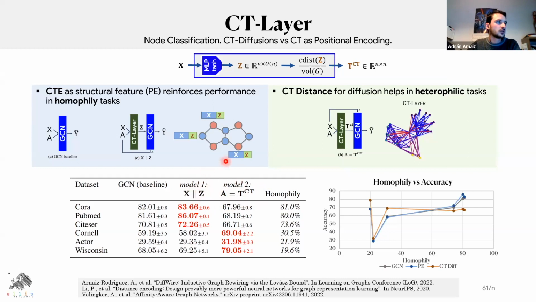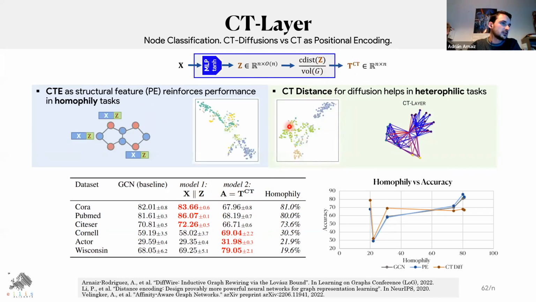We can see that the commute times embedding as positional encoding helps in some homophilic tasks, and the commute time distance helps in heterophilic tasks. Here we don't mask the adjacency, so it's kind of a full commute time distance attention. And these are just the node embeddings: here it is more sparse, with three classes that it can differentiate, and here it is less sparse.